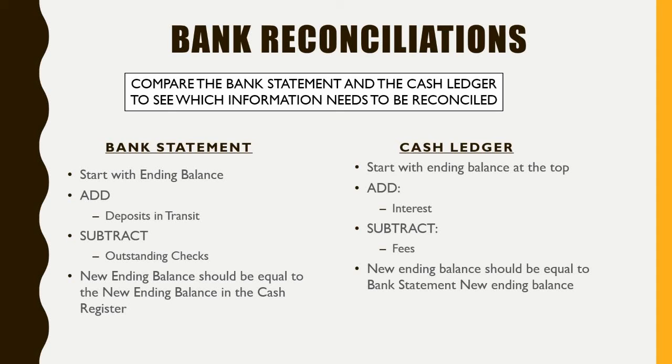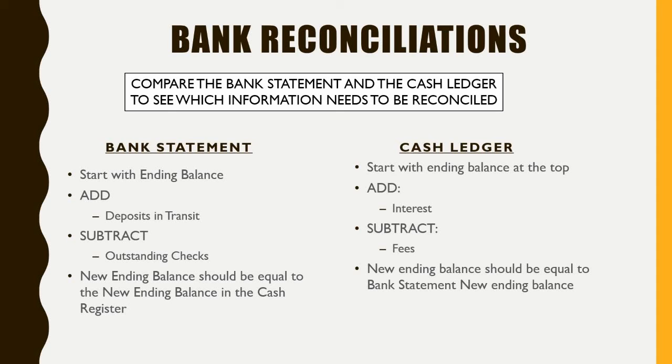Once you take your ending balance, add your deposits in transit, and subtract your outstanding checks, you're going to get what's called a new ending or adjusted balance. And this should be equal to what it says on your cash ledger. So at the end of the day, your bank statement should be equal to your cash ledger.